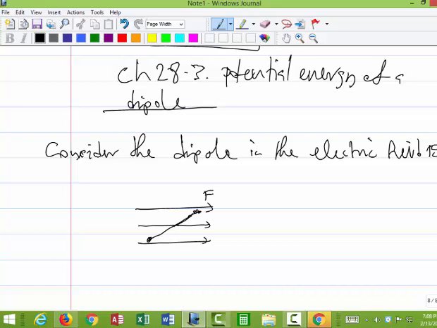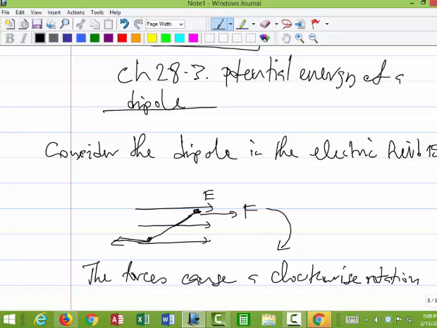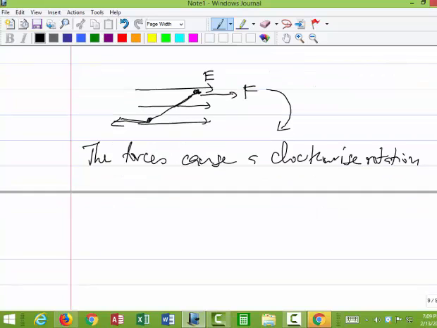There are going to be forces acting on this dipole, one force this way and a second force that way. So the tendency is to cause a rotation of the dipole that way. So the dipole lines up with the electric field. The force is to cause a clockwise rotation so that the dipole lines up with the electric field.